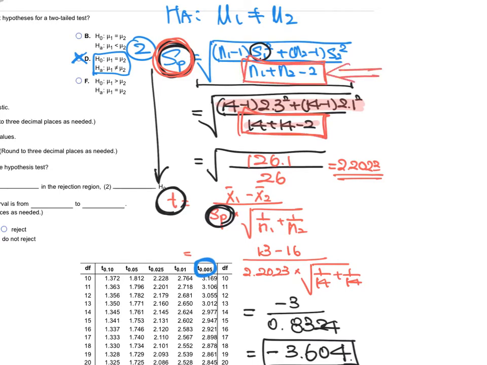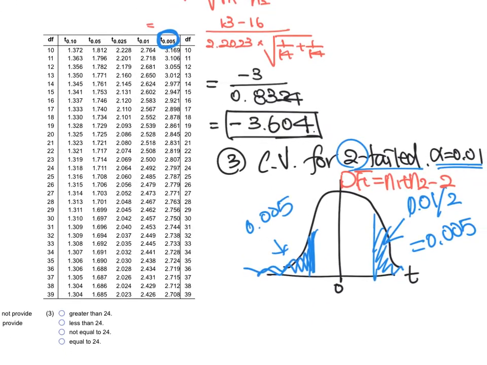That was 26, 14 plus 14 minus 2, 26. So now I can say the degree of freedom is 26.